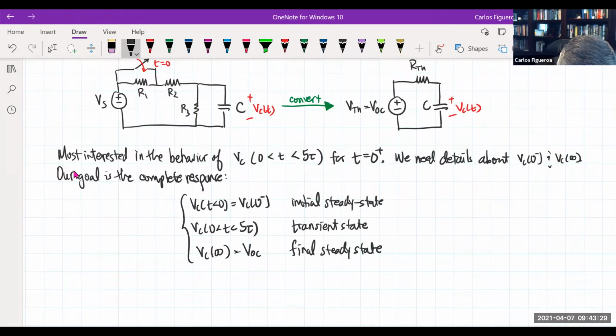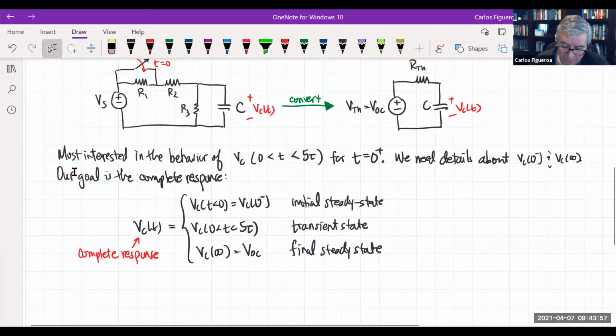So this guy here is then what we call VC. Let me write this up closer here. This is VC of t, and this guy is what we call the complete response. In other words, this is how the capacitor responds to a constant voltage source.